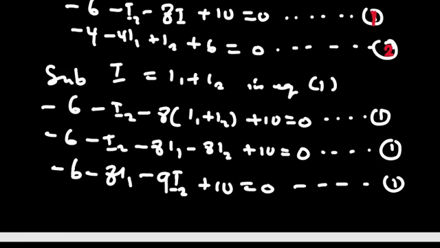This is our equation 2. Looking at this, we can now solve comfortably using the simultaneous method, because we have I1, I2 and I1, I2.